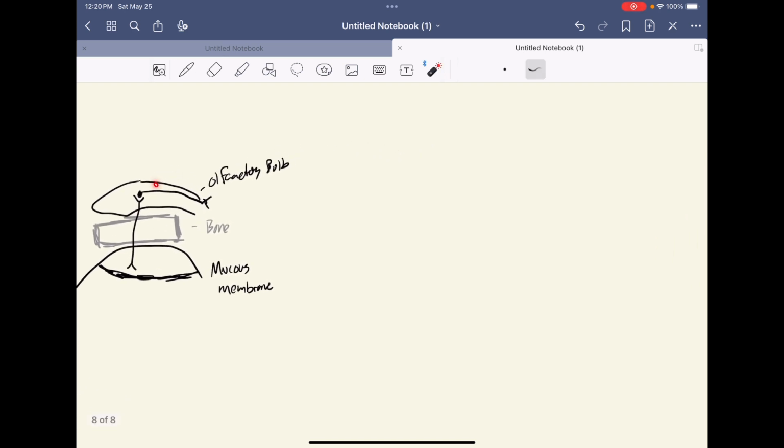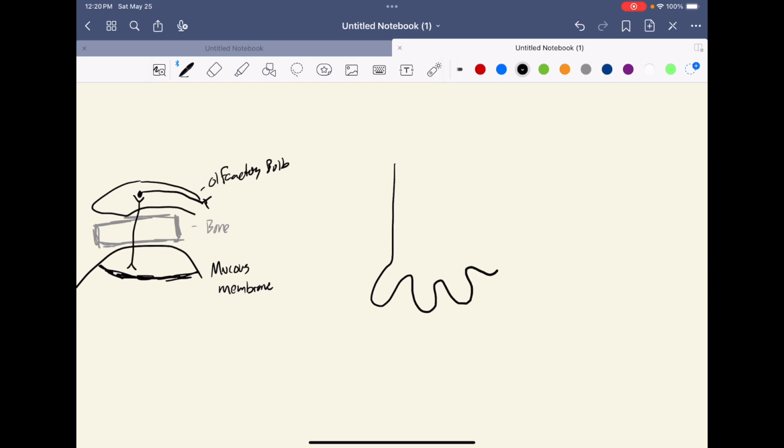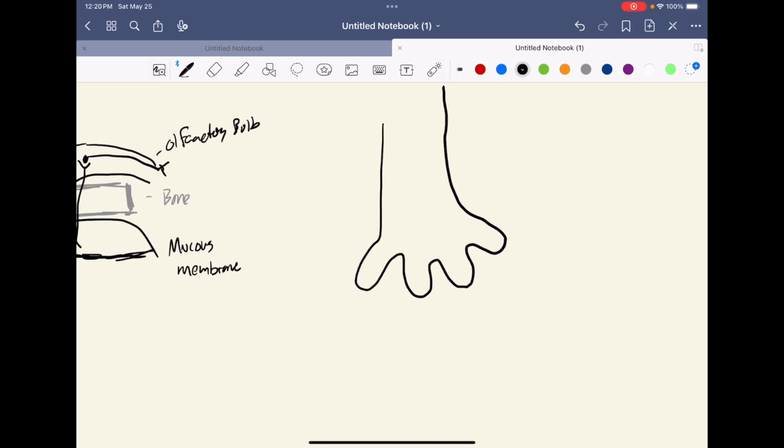So if we blow this up, it looks like kind of a dendritic opening. And on this opening, there is a G protein that is coupled to a receptor known as adenylyl cyclase, which we'll put right here.